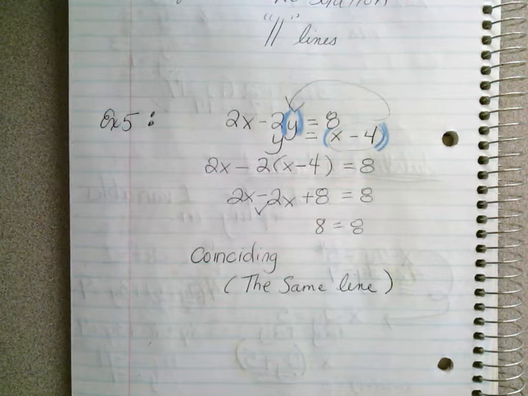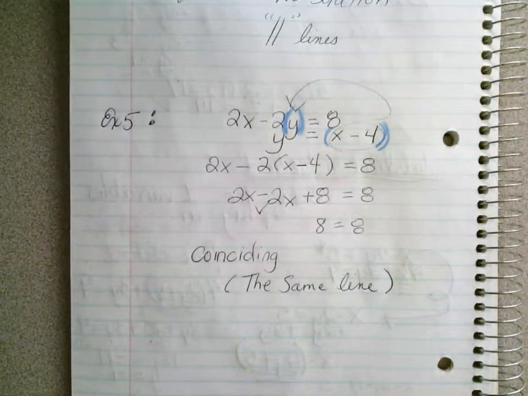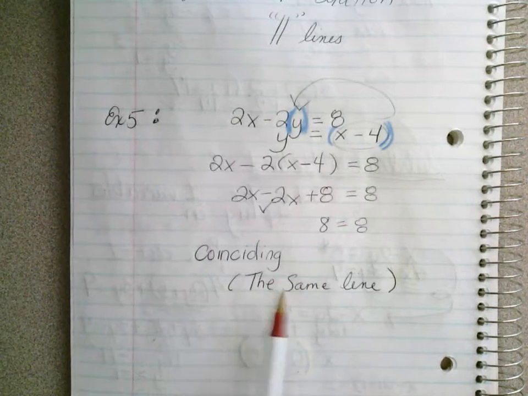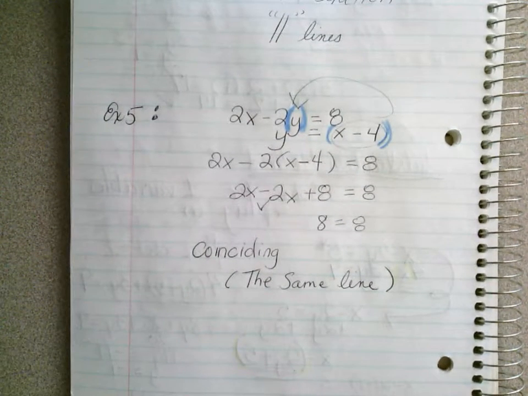Whenever you find they are the same line or they are coinciding, the directions say, if the system has an infinite solution set, which it does, if it's the same line, then whatever solves one will solve the other, and that's an infinite number of solutions because it's a line. Say infinite and give 3 solutions.